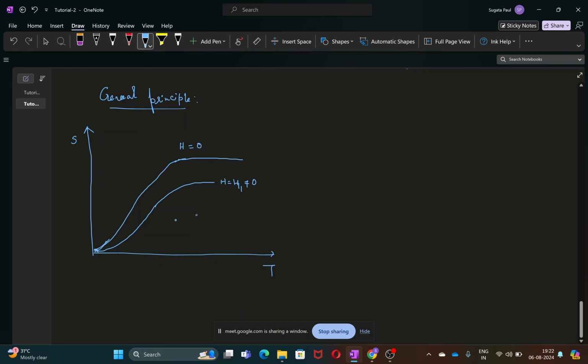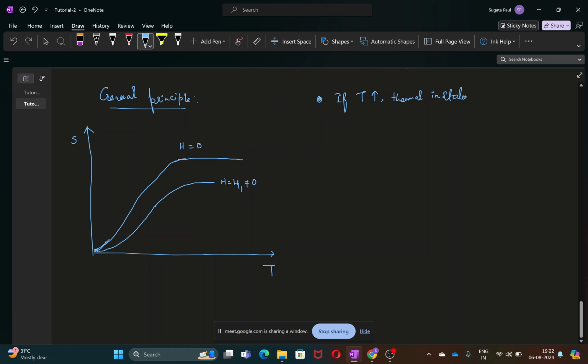So basically what is happening is that, first of all, if temperature increases, thermal instability of the system increases.